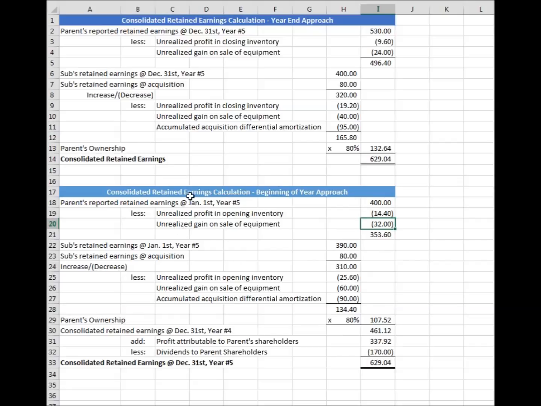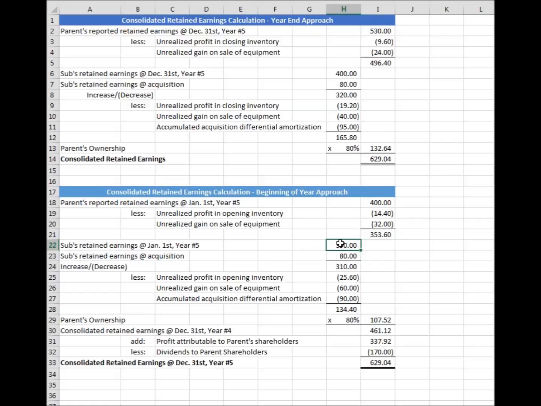If you are using this method for coming up with retained earnings, then you'll have to fill out more of that, the amortization of the gain on the sales of equipment. So this is currently what's unrealized for the gain on equipment. And then we'll come up with 353.6 over here.